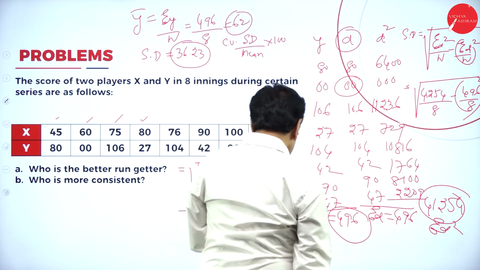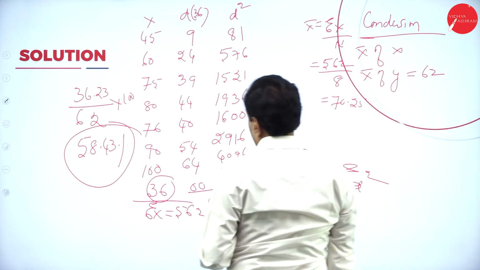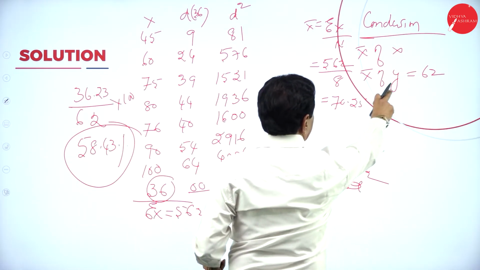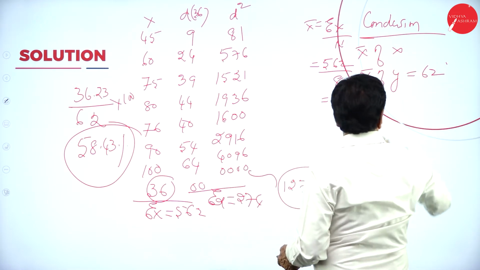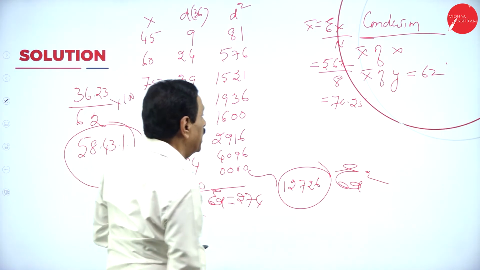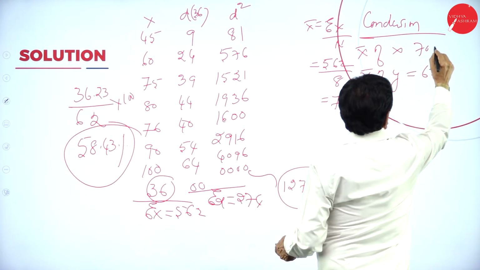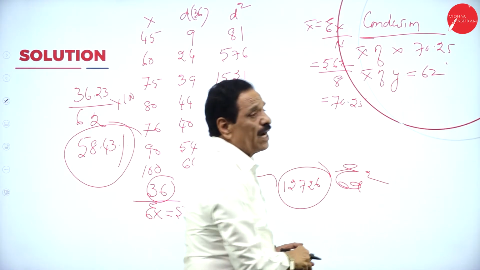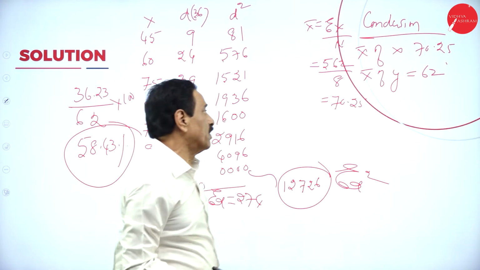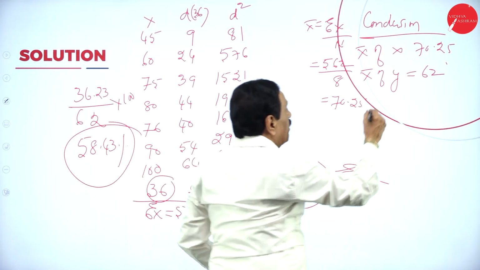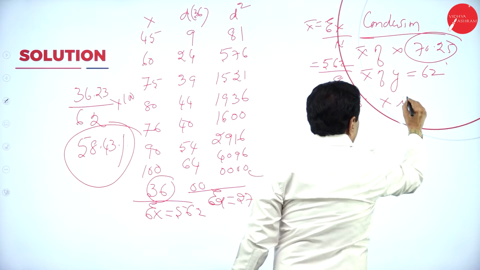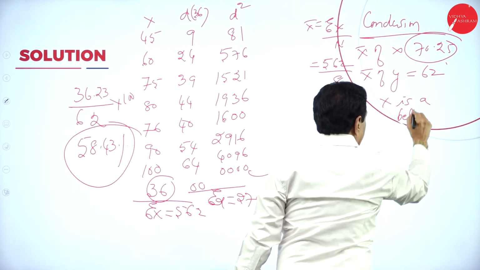Then for X, mean of X you got is 70.25. Which average is more? X is 70.25, Y is 62. So whose average is more? X average is more. X is a better run getter.